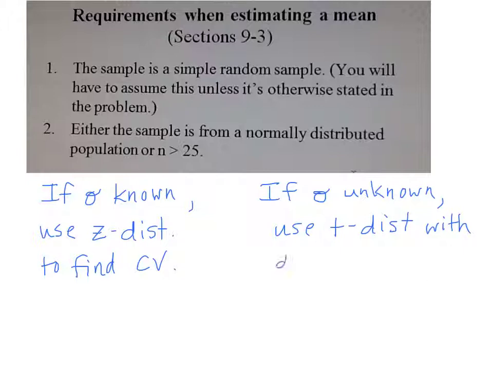And the T distribution has degrees of freedom that is n minus 1. So for both of these, though, remember your standard error is still going to be sigma over the square root of n. But if you don't know sigma, as in this case over on the right, you're going to use S instead of sigma.